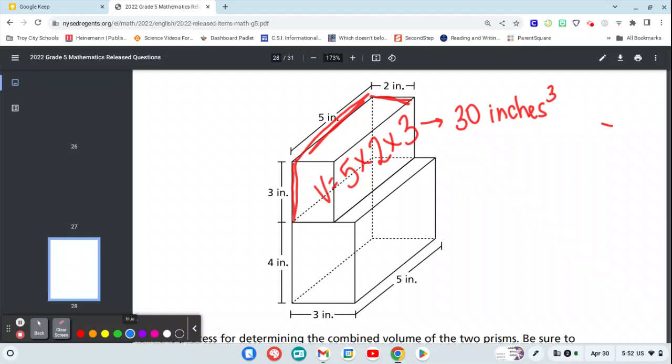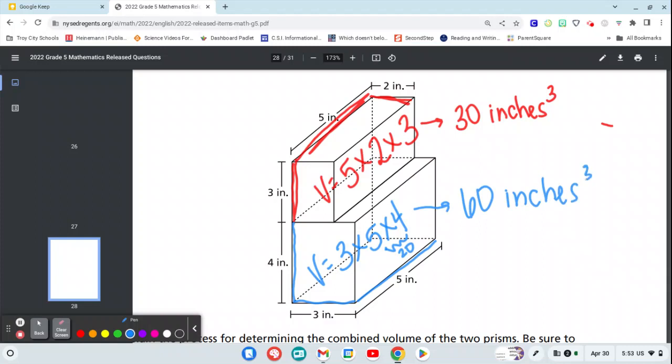All right, now we have a second figure that has a height of 4 inches, a width of 3 inches, and a length of 5 inches. In order to calculate the volume of this figure, the length is 5, the width is 3 inches, the height is 4 inches, which in this case would be 20 times 3, which equals 60 cubic inches.